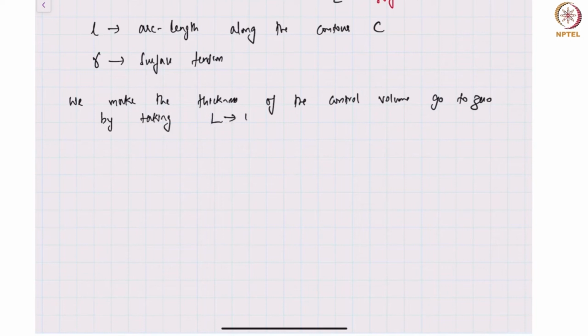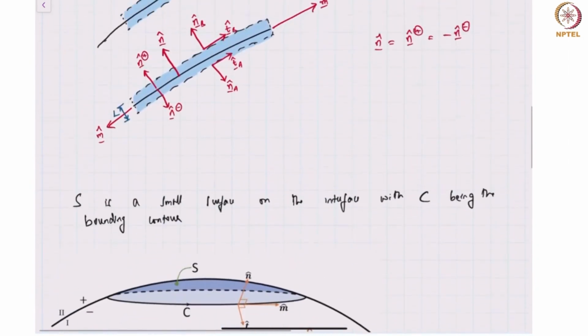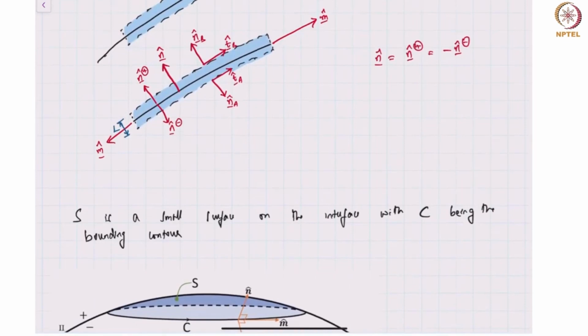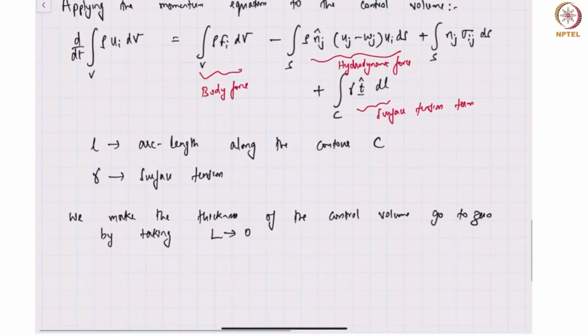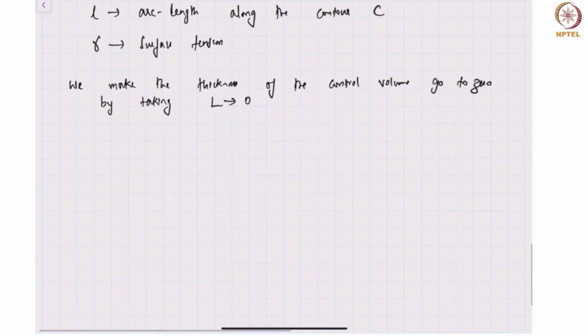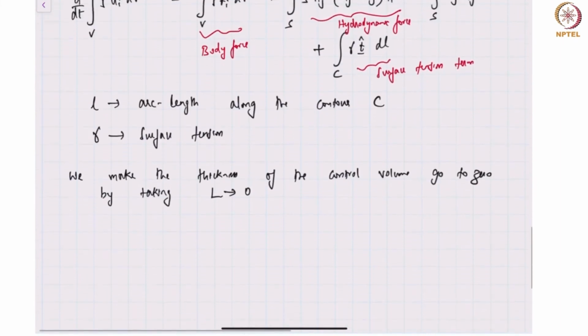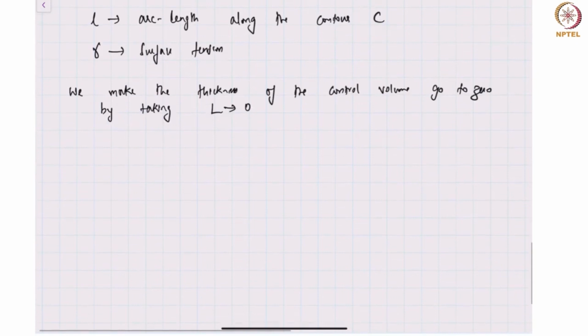We achieve this by taking the limit l goes to 0, where if you recall, l is basically the thickness of this contour volume, and therefore all the body force and volume derivative terms go to 0, and I'm left with only the surface forces and the line integral.